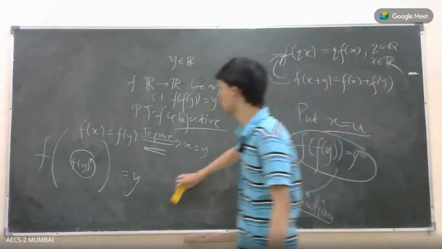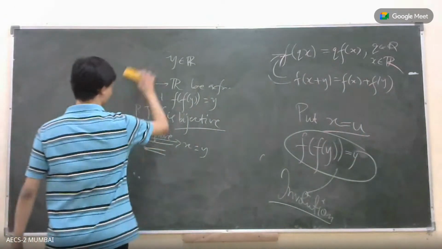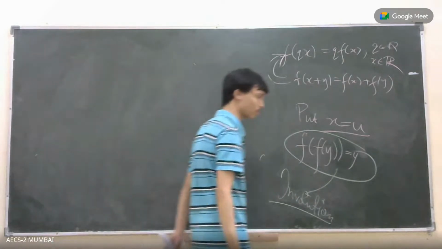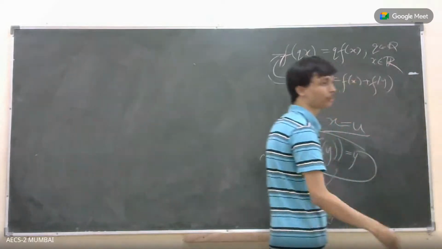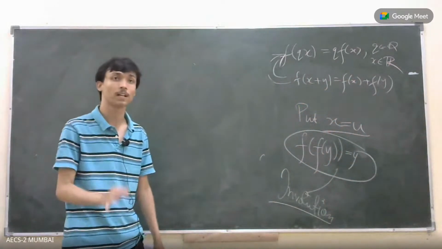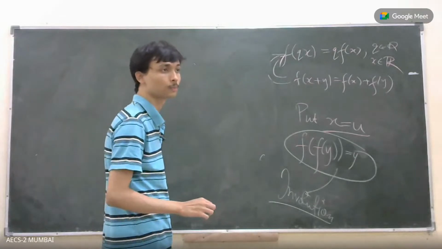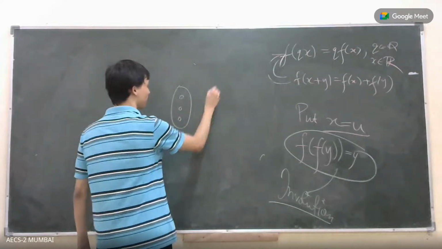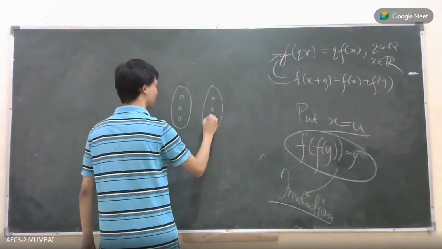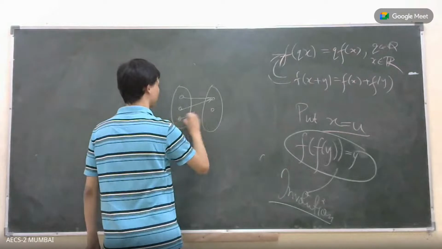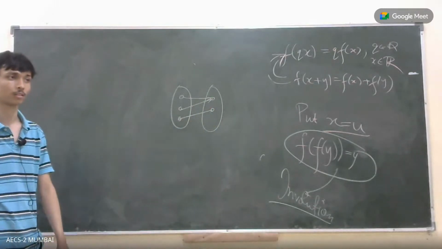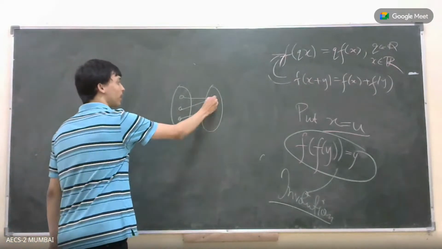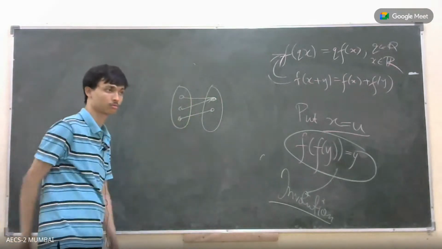So why do we care so much about bijectivity? We care about bijectivity because bijective functions have properly defined inverses. Basically, if you have a function like this, can you define an inverse of this function? You can't, right? Because where will you send this element? Here or here?